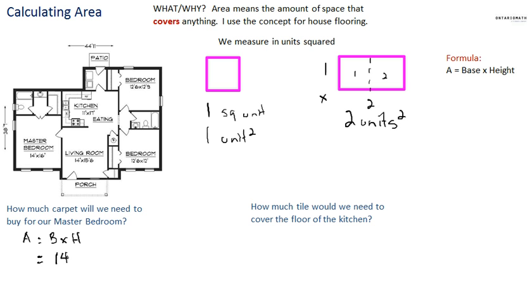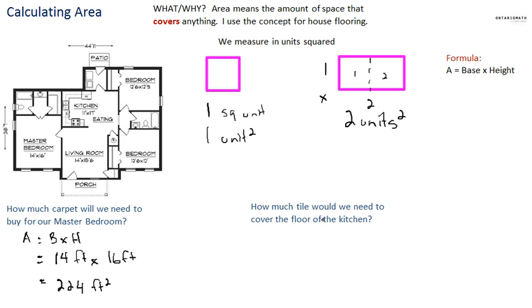We could punch it into our calculator or just work it by ourselves. 14 times 16 would be 224 square feet. So we can put down feet squared with a little 2 there. And that's our answer. We would need 224 feet squared, or square feet, of carpet.